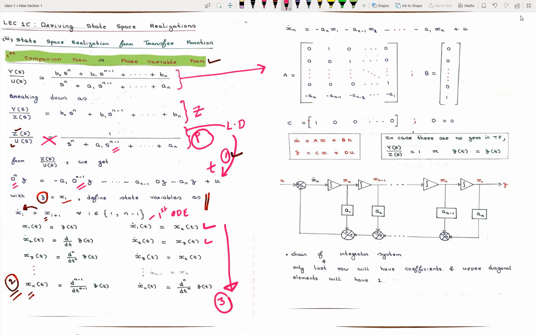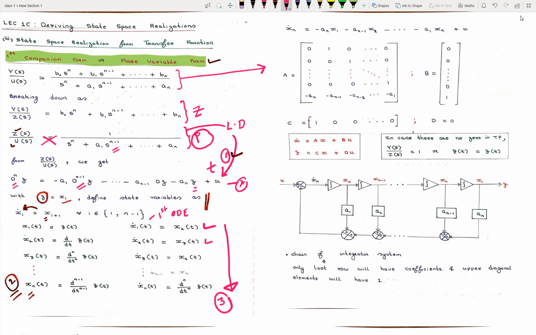Once we have the first order ODE of the n states, the fourth step is to replace the output variable z in this equation, which I call star. In this star, the derivative of z up to the n minus 1 derivative of z must be replaced with the states we have defined.